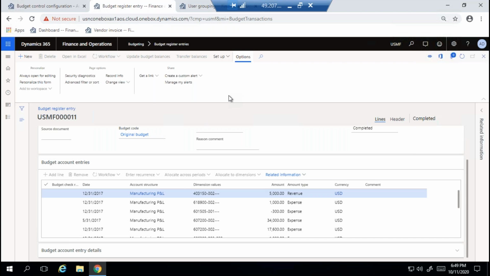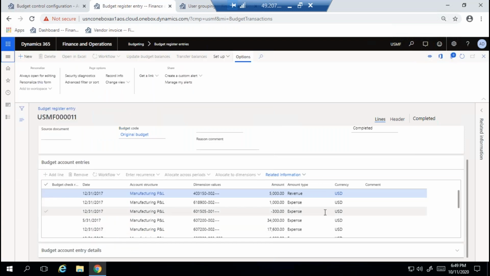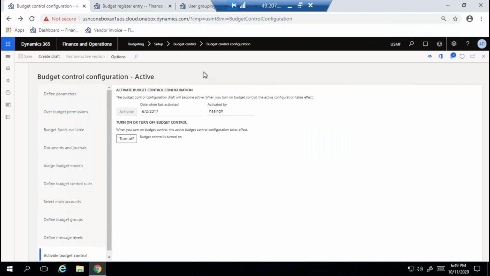Now here you are entering the budget register entries. And in the budget control configuration, you decide whether you want budget control or not.